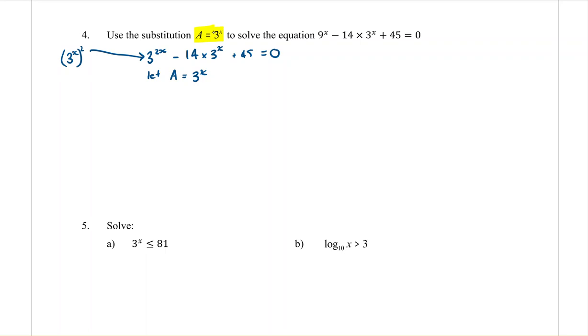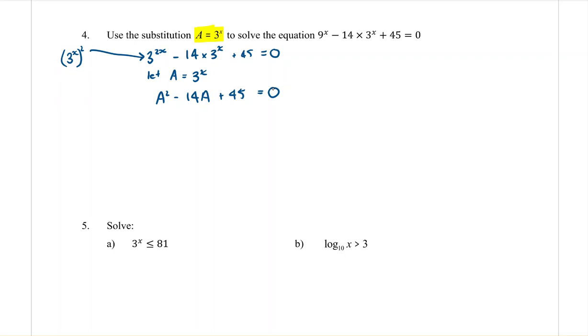That means that this first one here is going to be a squared, minus 14, and that 3 to the x is also going to be a, plus 45 equals 0. And it made a quadratic.